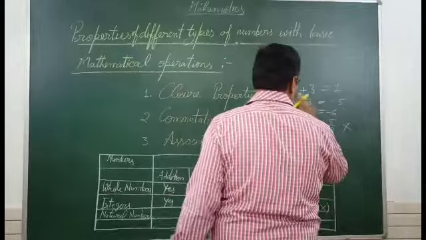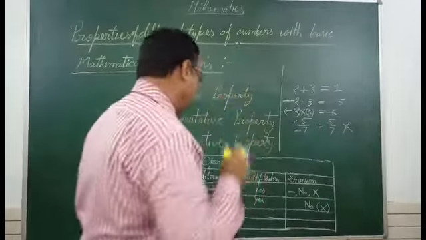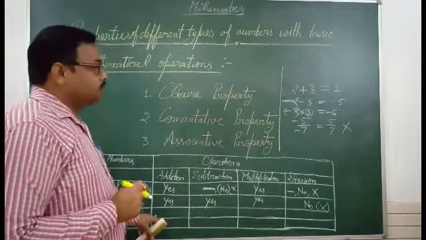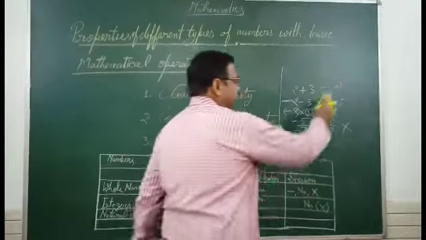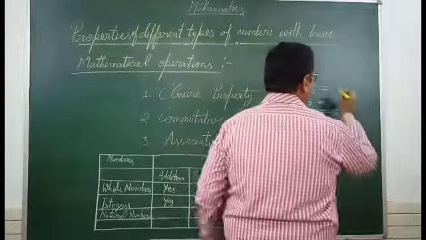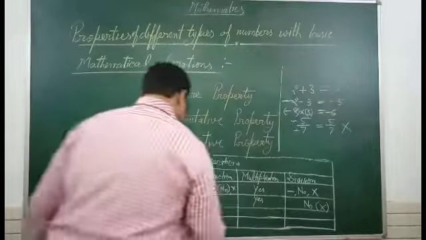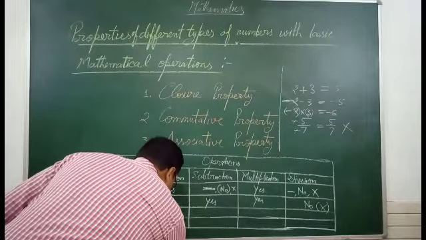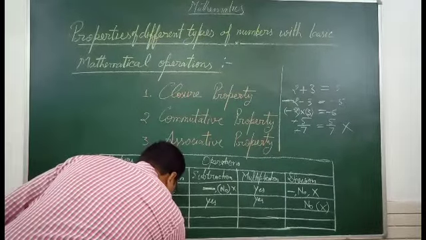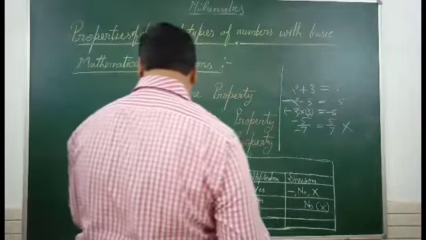Under addition, when we add any two natural numbers, the answer will always be a natural number. So here in the table you will put yes.